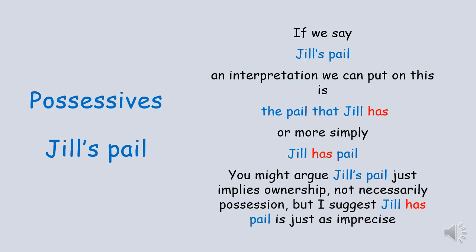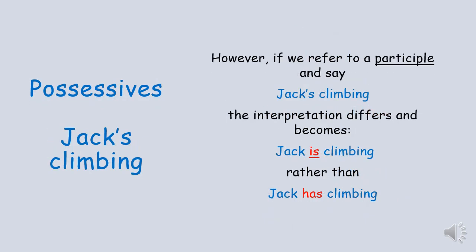But I suggest Jill has pail is just as imprecise, really. However, we must note, importantly, that if we refer to a participle with the possessive, as in the example Jack's climbing, the interpretation differs and becomes Jack is climbing rather than Jack has climbing.